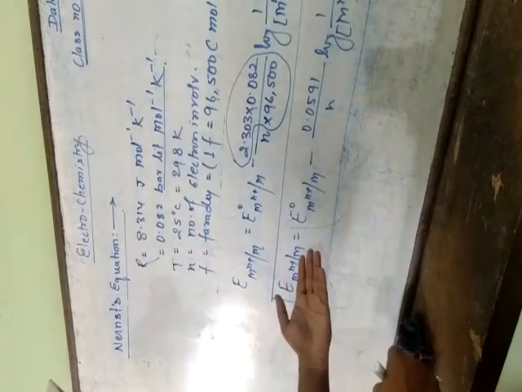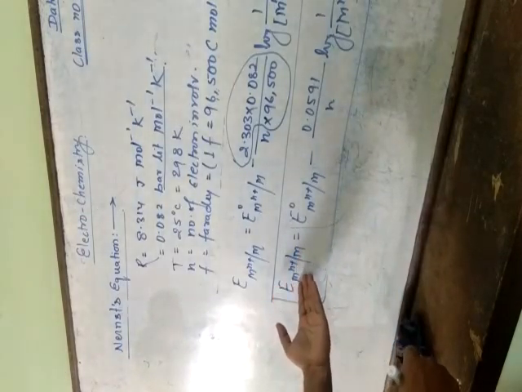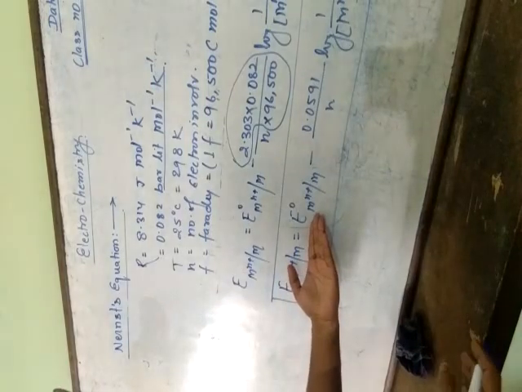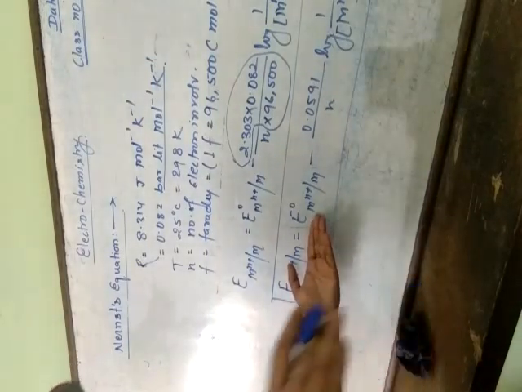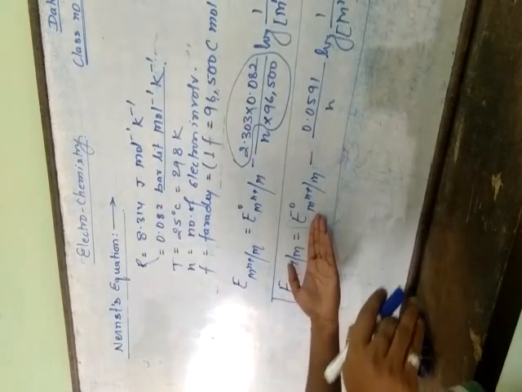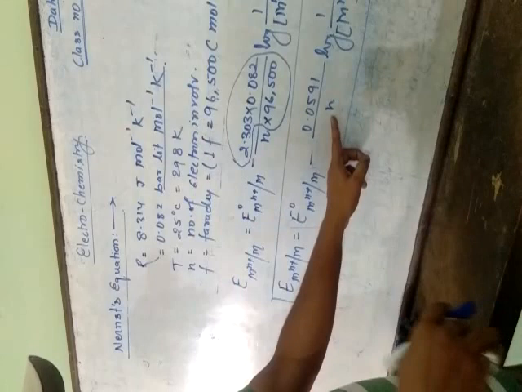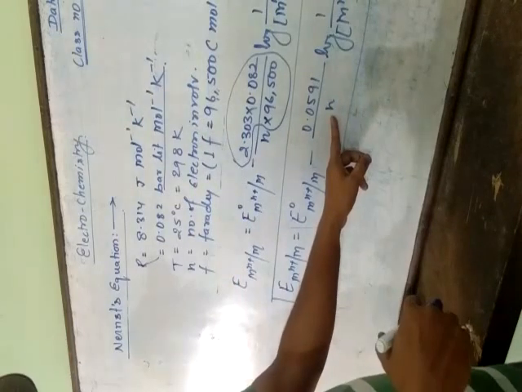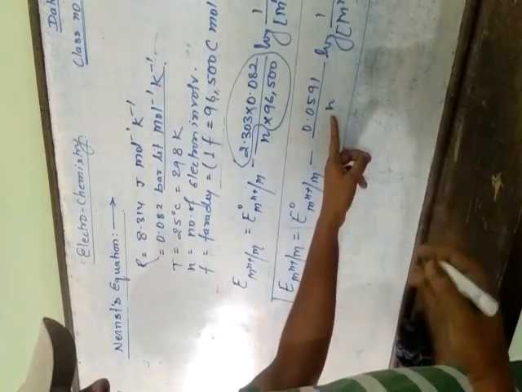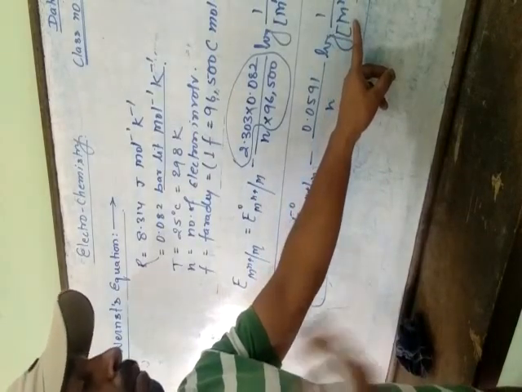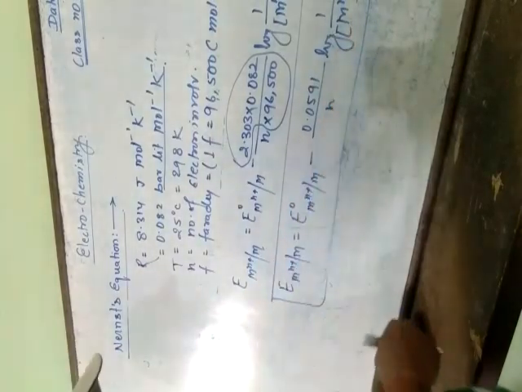We follow this formula to calculate the electrode potential at any concentration. The standard electrode potential is given in the electrochemical series in your NCERT book. n is the number of electrons transferred: 2, 3, 4 or 1, and this is the concentration of metal ions.